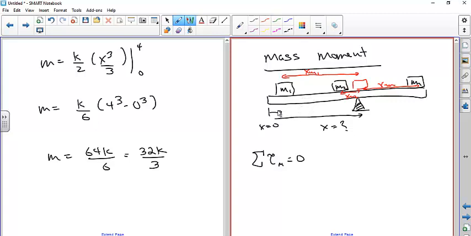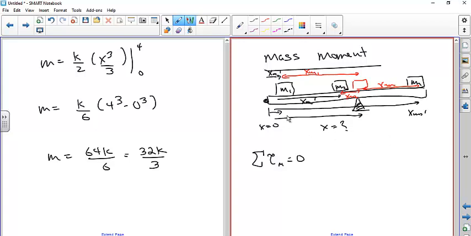So if we sum the torques around this point, on the left side you're going to have this distance, which is x sub m1 prime, we'll call it. And then you'd have the same thing here, x sub m2 prime. This one's just x. And this would be x sub m3 prime.